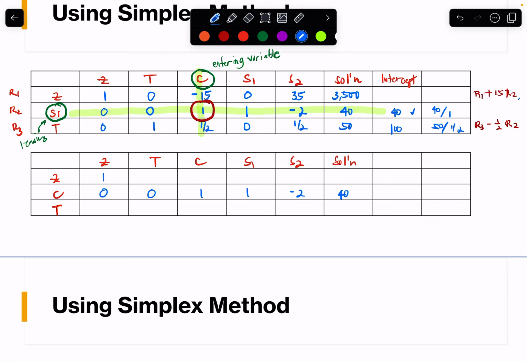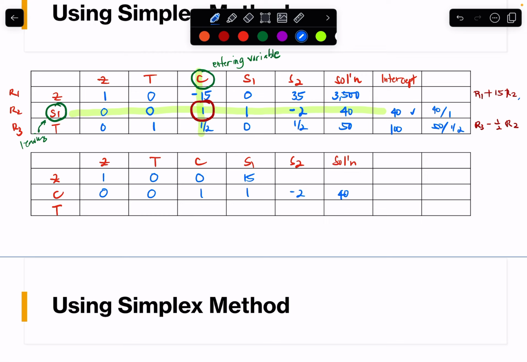R1 is 0, R2 is 0, so that is 0. R1 is negative 15 plus 15 times 1, that's negative 15 plus 15, which is 0. Then S1 is 0. R1 is 0 plus 15 times R2, which is 1, so 0 plus 15 is 15.